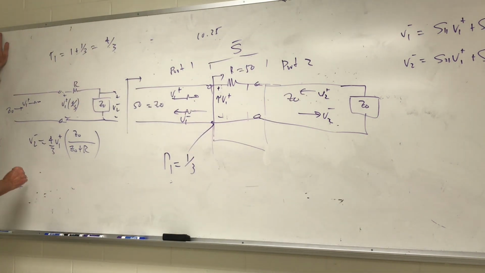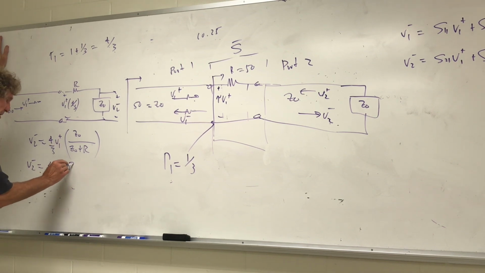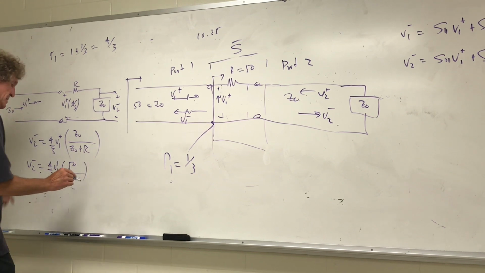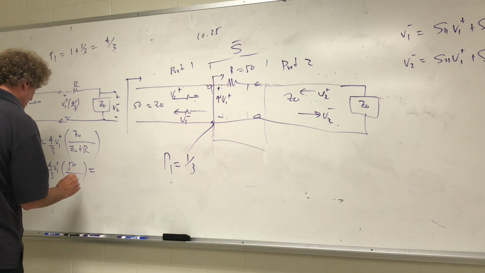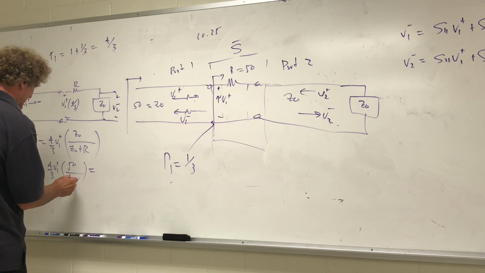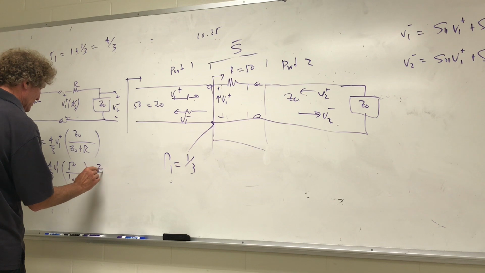So what is this going to be? Well, let's see, V2 minus is equal to 4/3 V1 plus, and then what is Z0? 50, right? Over 50 plus 50, or 100. Can you all see that that's 1/2, so it's going to be 2/3.